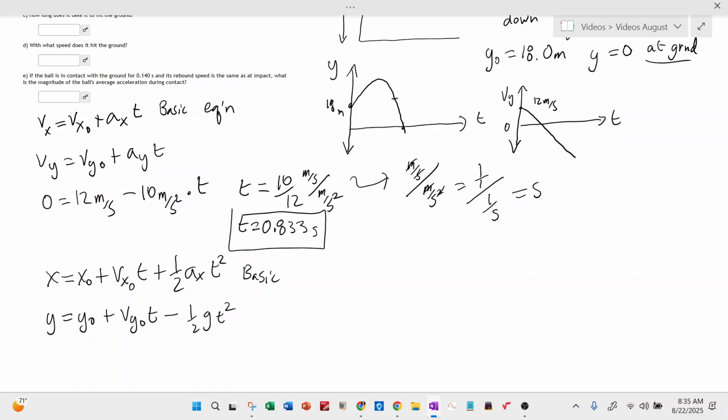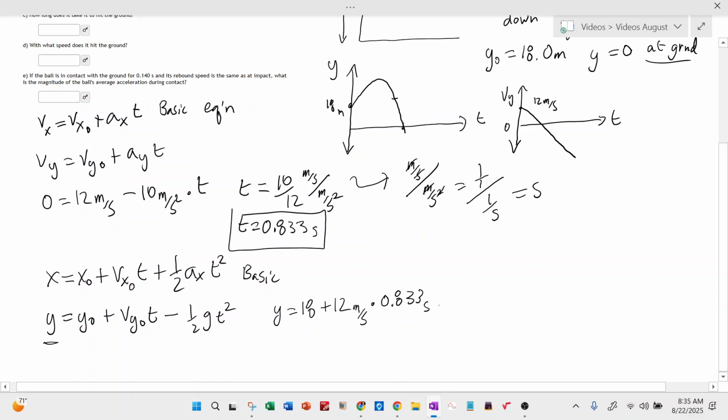I was asked how high will it go, so I'm looking for final position. Initial position is 18 meters, so I can say that y equals 18 plus 12 meters a second times 0.833 seconds minus, now I'm going to go ahead and say that 1/2 times -10 is -5, times 0.833 seconds squared.